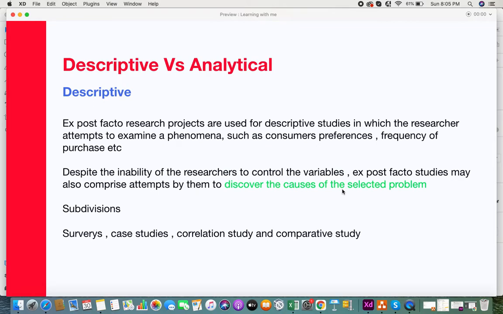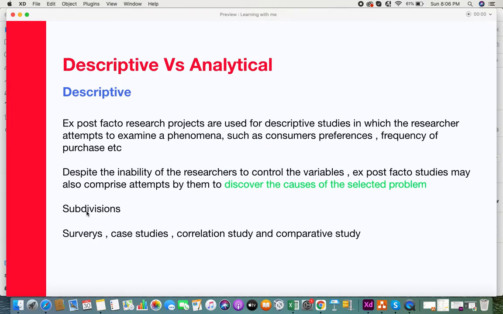And when you do this type of research, there are always certain subdivisions you would come across. You would have to do surveys, then you might have to do case studies. You will have to do correlation study, how things correlate with each other, and also you might have to do comparative studies. Since you want to collect information, you'll do surveys.